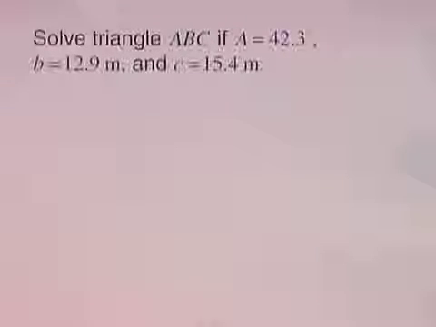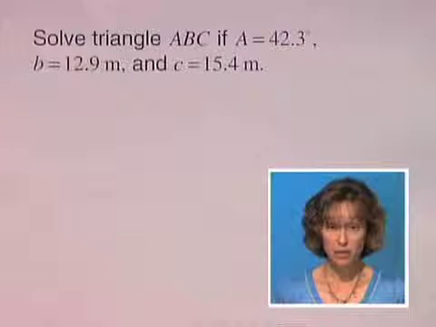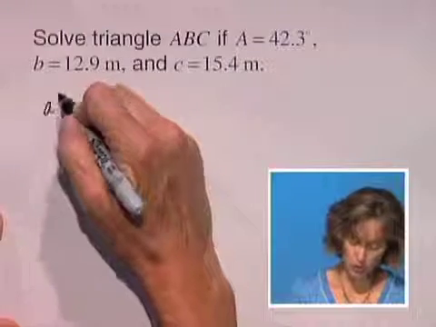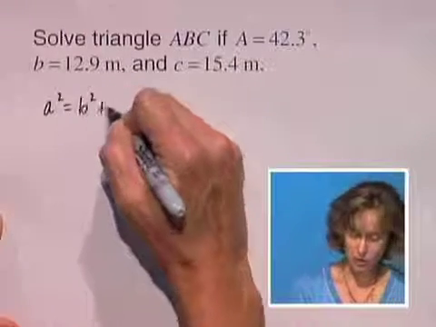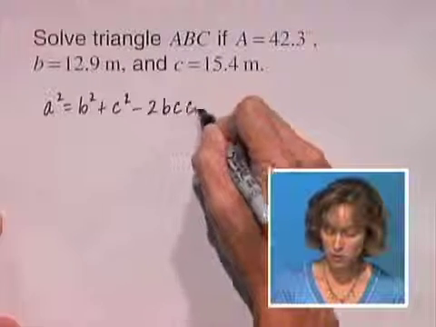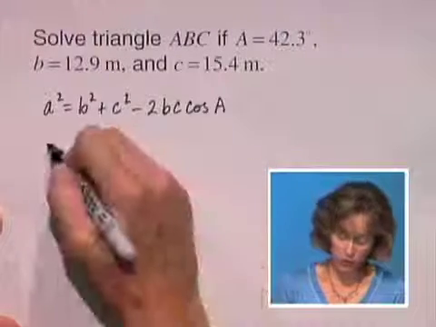Let's solve a triangle. We want to solve triangle ABC if angle A is 42.3 degrees, side B is 12.9 meters, and side C is 15.4 meters. I'm going to start by using the law of cosines to find side A. According to the law of cosines, A squared is B squared plus C squared minus 2BC cosine angle A. I'll fill in what I know.